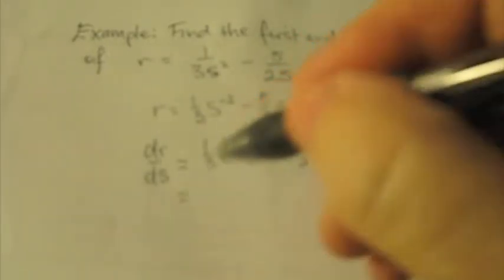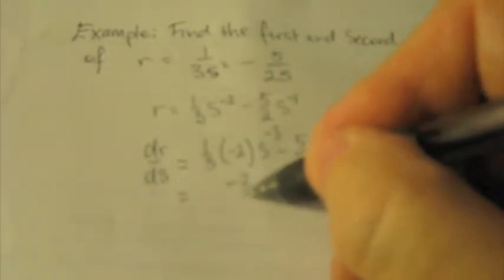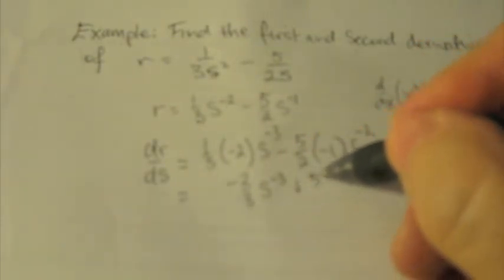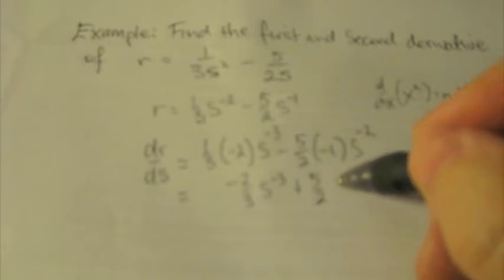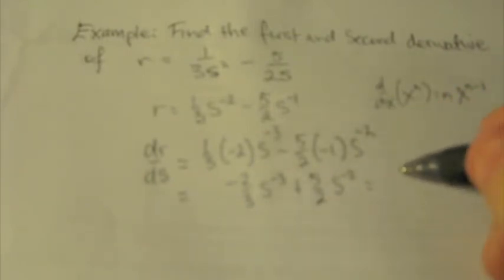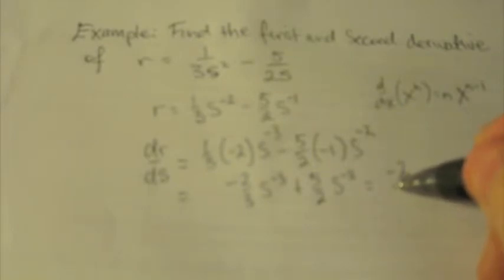We simplify this so it becomes negative 2/3 s to the negative 3 plus 5 on 2 s to the negative 2. And without the negative exponents it would become 2 over 3s cubed plus 5 over 2s squared. So this would be the first derivative.